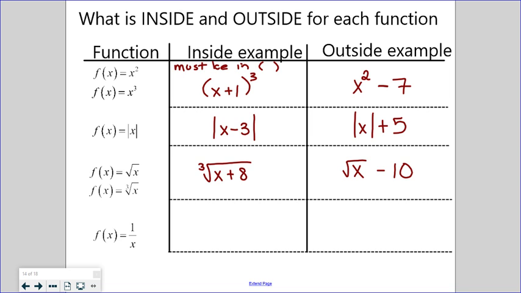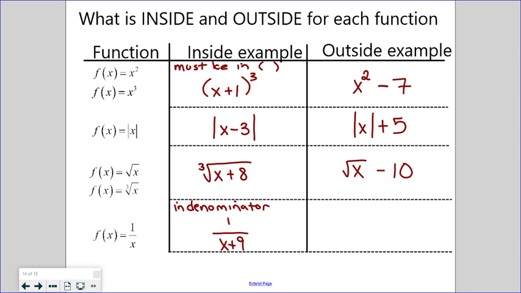And then we get down to the fraction, and like I said, the exponents and the fractions are the ones where we sometimes have hesitations about the whole idea of inside versus outside. For a fraction to have something that is considered inside of the function, we would find it located in the denominator with the x. So if we have something like 1 over x plus 9, that plus 9 would be considered inside of this function.